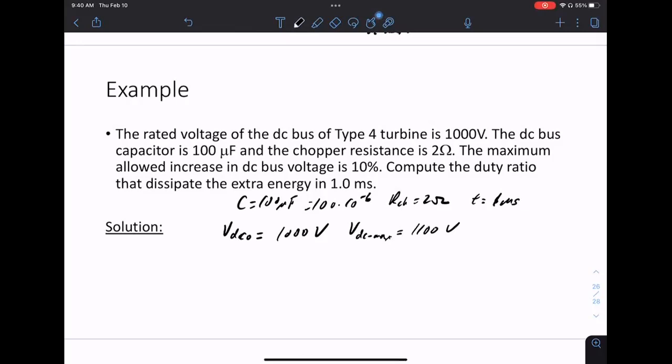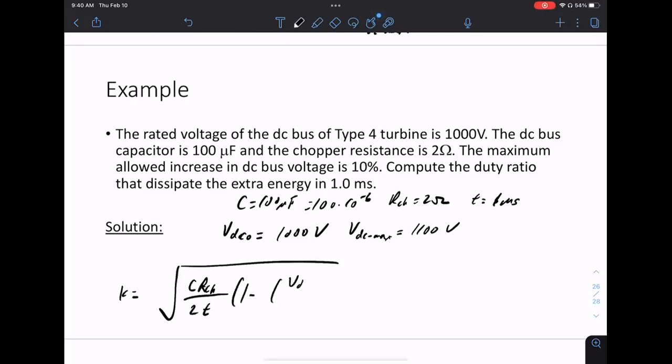These are the data we have in the problem. Then K equals CRCH divided by 2T, times 1 minus VDC operating over VDC max, which gives 0.186. So this is the way this circuit is controlled.